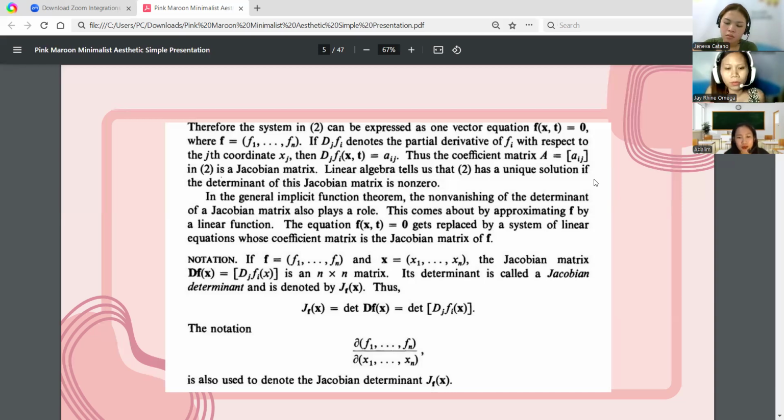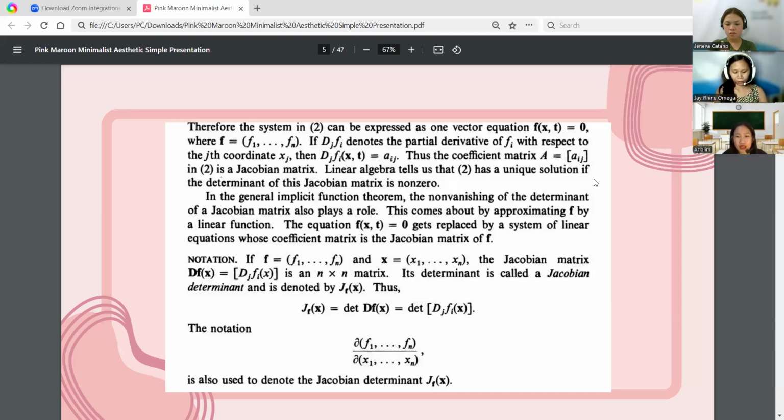Notation: if f is equal to (f_1 to f_n) and x is equal to (x_1 to x_n), the Jacobian matrix Df(x) is equal to (D_j f_i(x)). It is an n by n matrix.